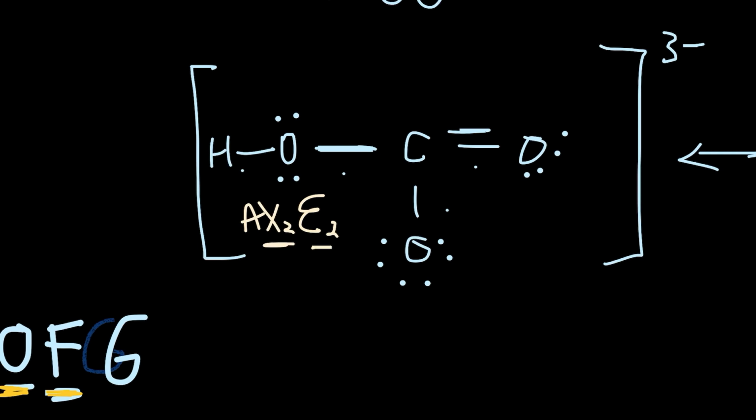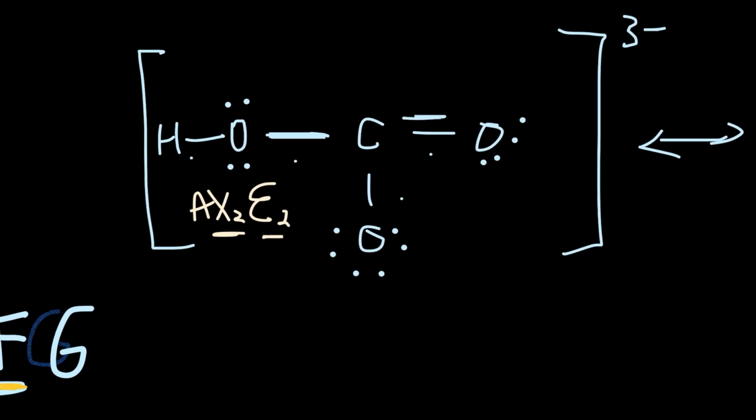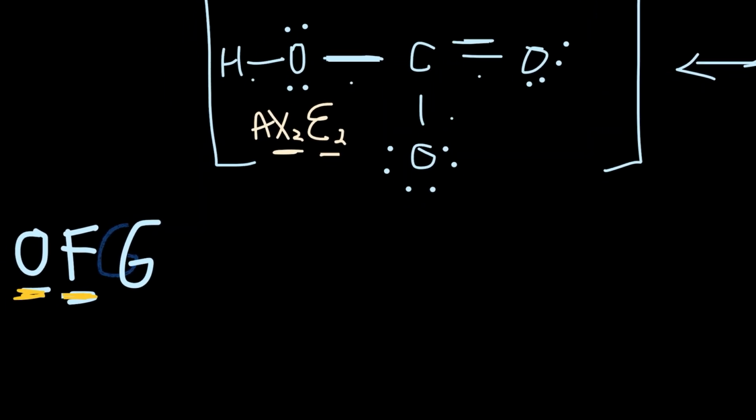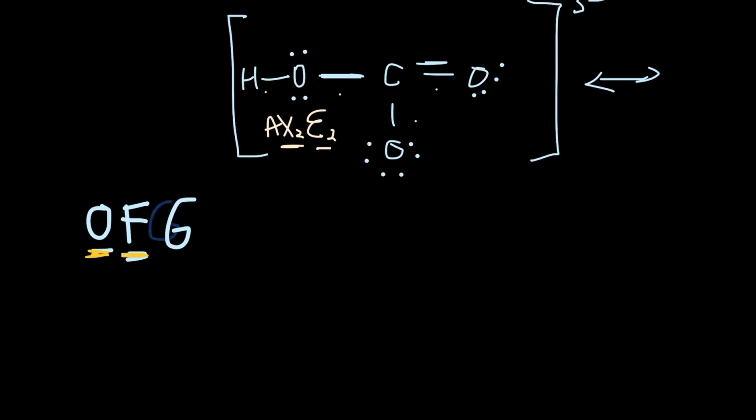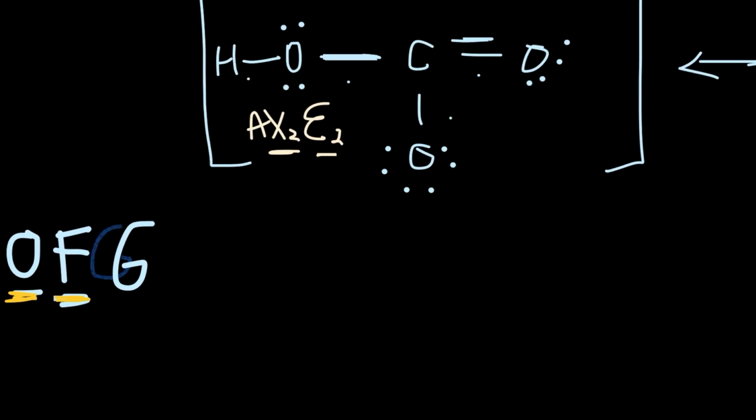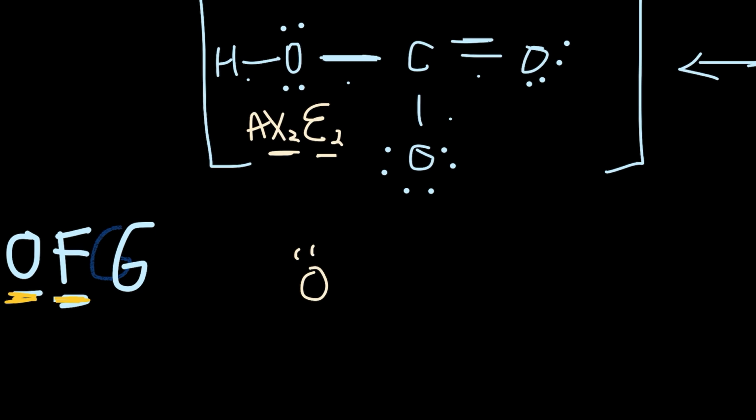So that means we have one shape there, which is going to be a tetrahedral electron group arrangement, but it's going to be bent. Bent, and their angle is going to be just less than 109.5.